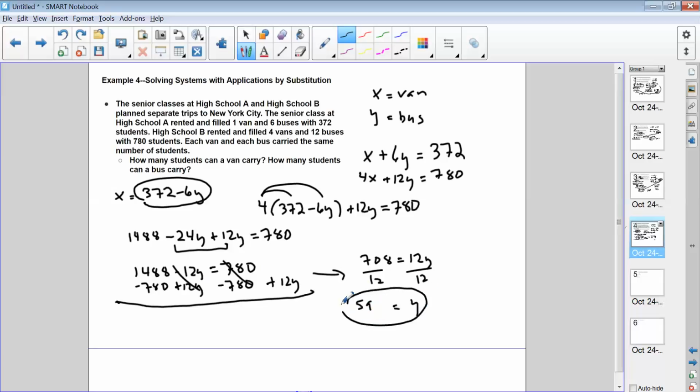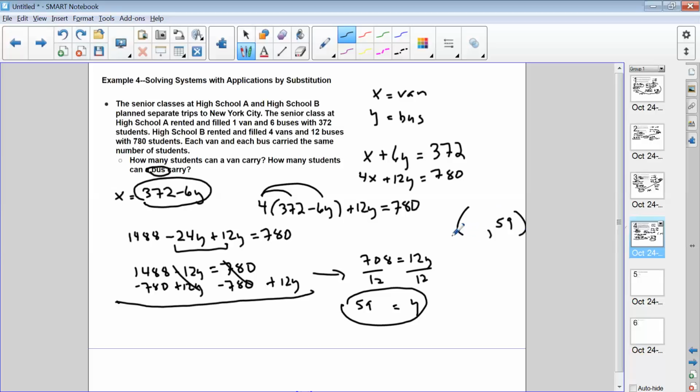What does that mean? That just means how many students a bus can carry. So in my ordered pair over here, I'm going to have something comma 59.